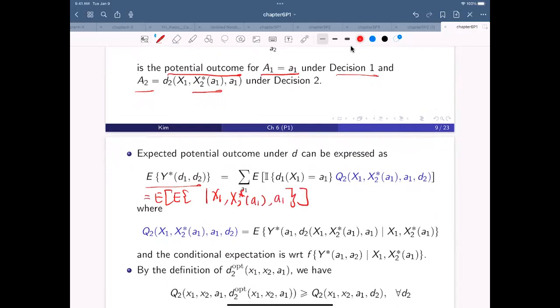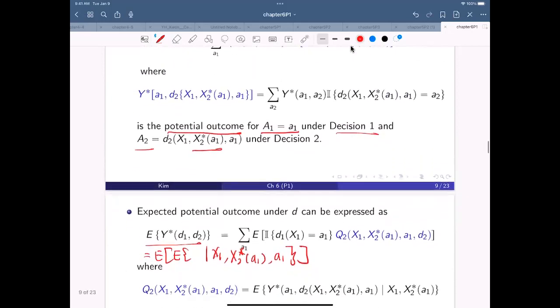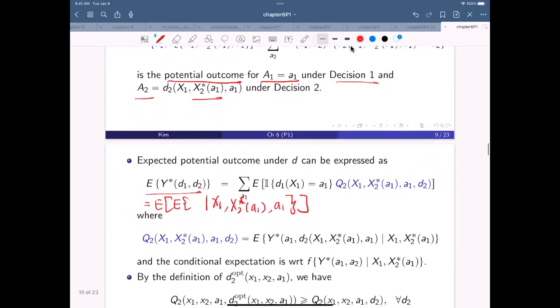So you write it this way, then this conditional expectation inside can be written as, sorry, this one is actually, right. Because we treat D2 as fixed, this one becomes something like this.